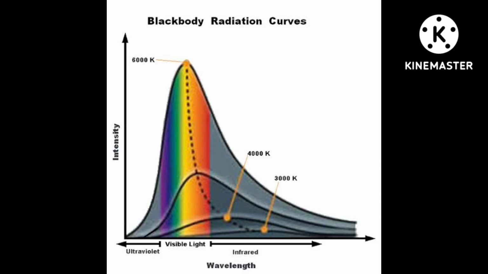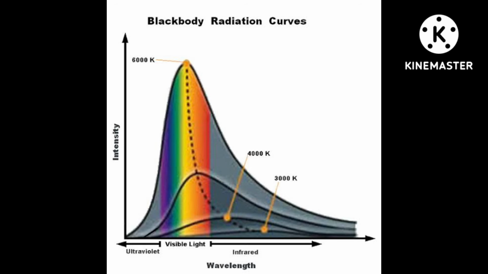At a frequency nu greater than nu 0, the ejected electrons come out with certain kinetic energy. The kinetic energy of these electrons increases with the increase of frequency of the light used. These are the 3 results.